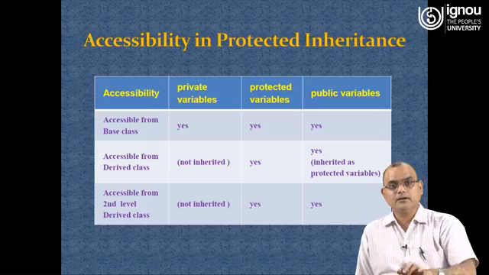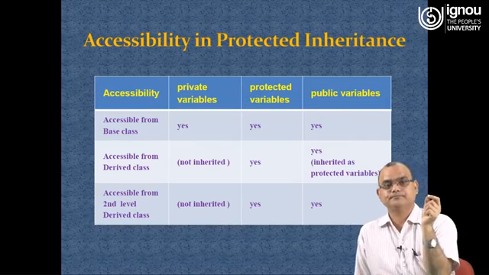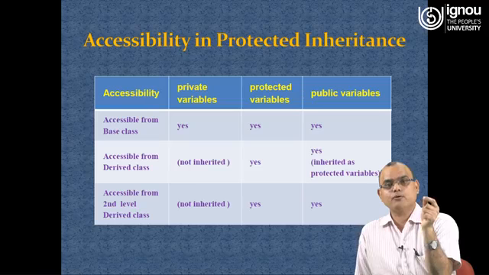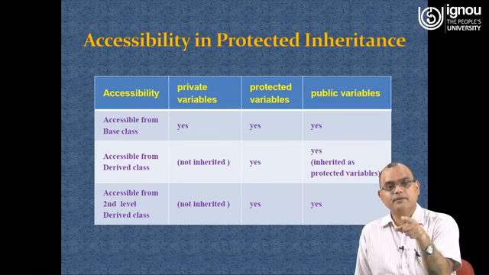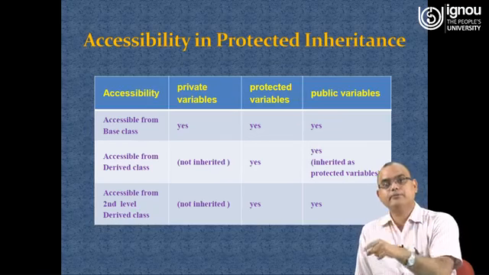In that second row and fourth column you see, it is saying that if you are deriving protected, that will be derived and it will be protected, but if you are deriving public, that also becomes protected in the derived class.